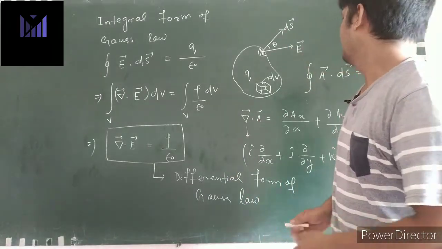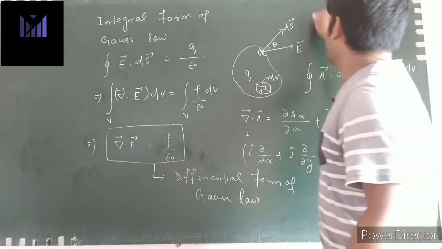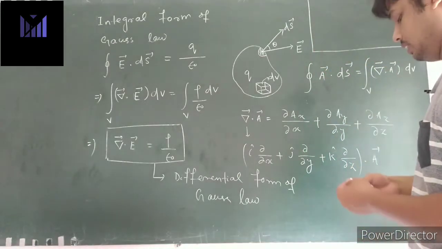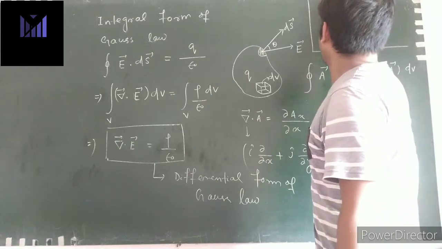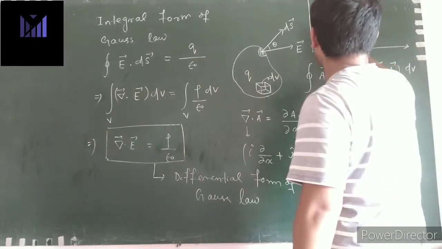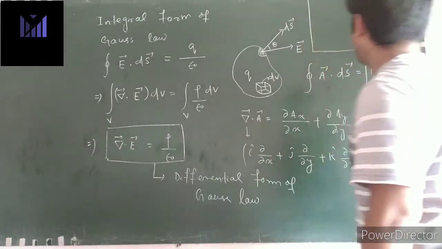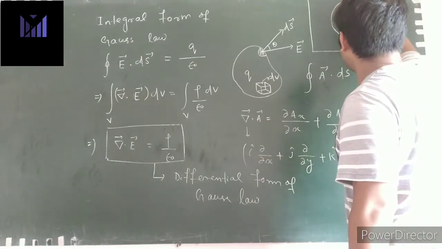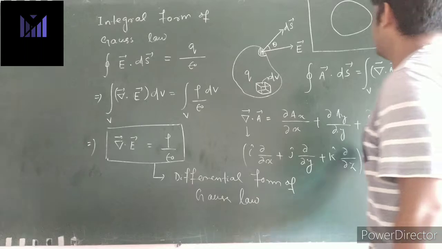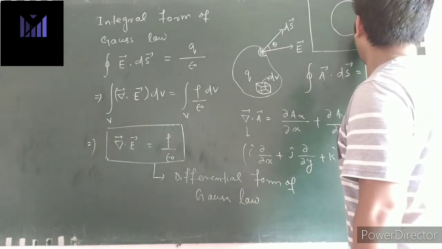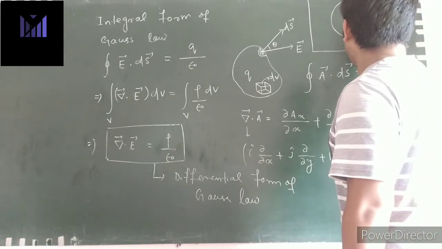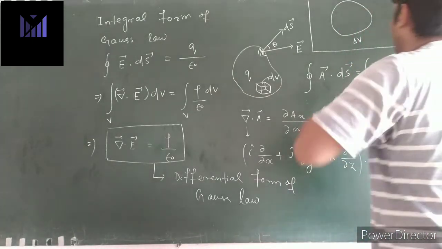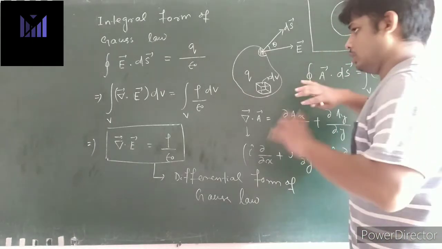If we describe more about this divergence, let this be a coordinate axis, and in this coordinate axis we consider a small volume, whose amount of volume is dV, and this volume is enclosed by a closed surface.